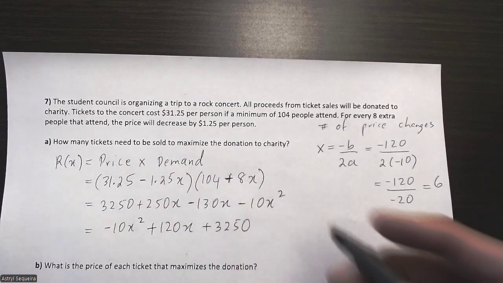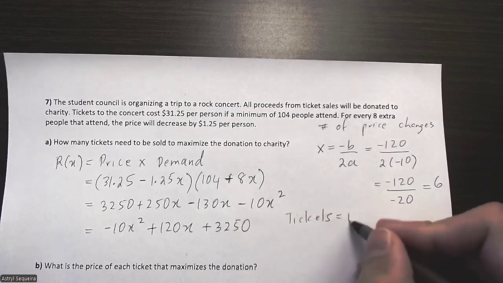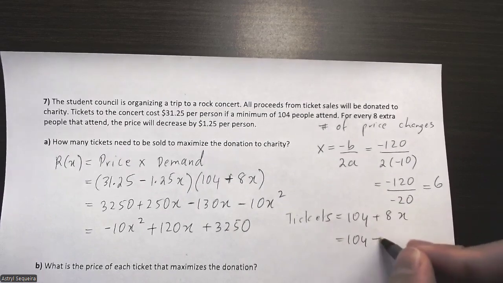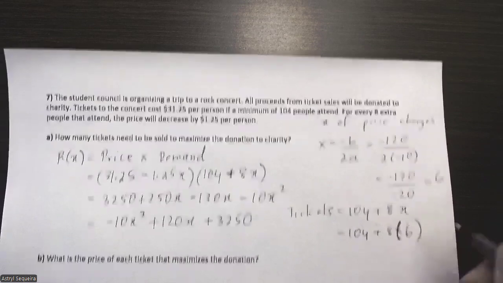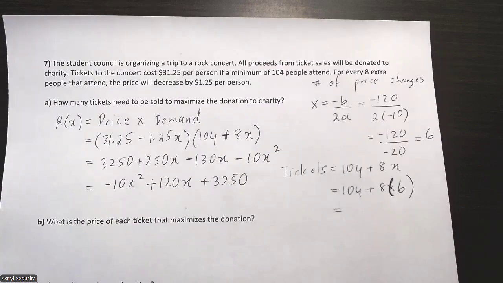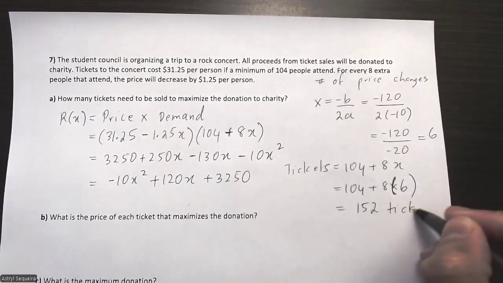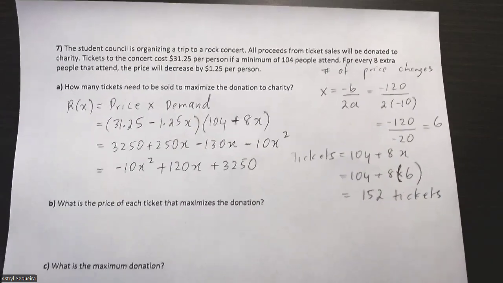I'm going to sub that in my demand equation, which is 104 plus 8 times x, which is 104 plus 8 times, oops, I'll use a bracket, 6, which is 152 tickets need to be sold to maximize the donation.